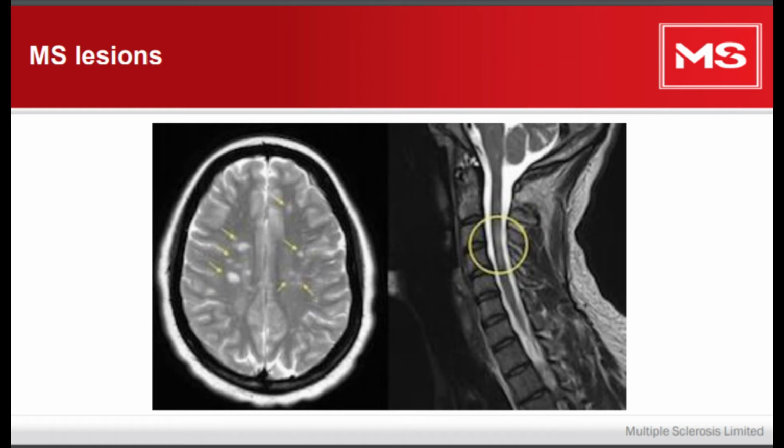And we can see here a brain, and this is on an MRI, and we've got some lesions here, as you can see, pointed out by these arrows. And we've also got, this is the spinal cord, and you can see here that we've got some lesions in the spinal cord. Now, generally, the symptoms of MS do correspond to the areas of the brain or the spinal cord where there is a lesion.